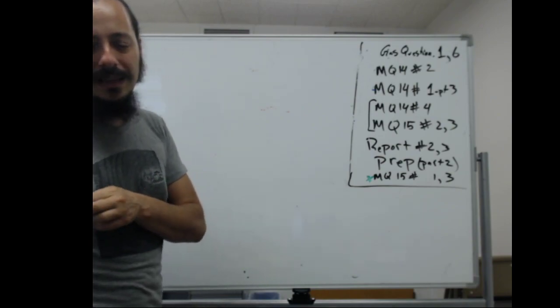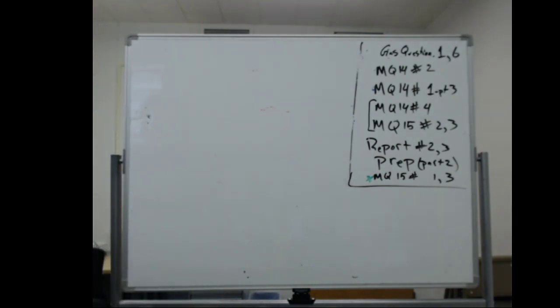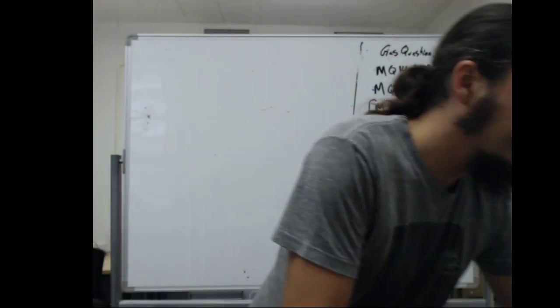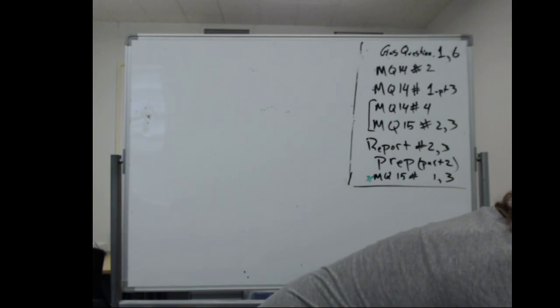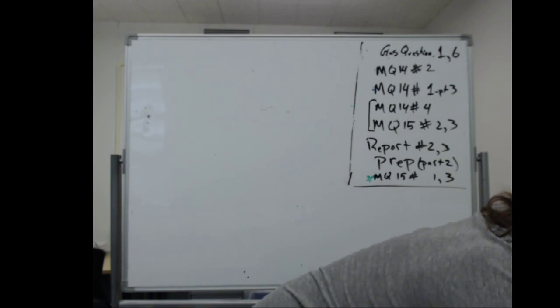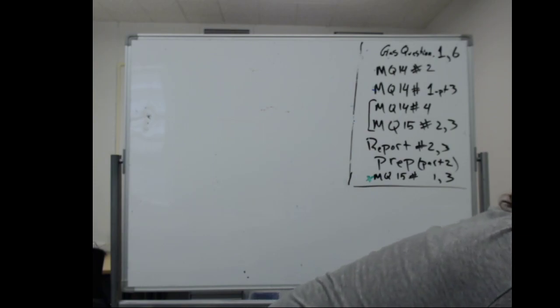Oh, so we got a split. Some people want 14.4, some people want 15.3. I'll start with 15.3 and then I'll go do 14.4 if we need to. And for 14, maybe we just need to look at the setup of that together. I was able to do all of MQ15, but I still can't get MQ14 number 4. Okay, well, maybe I should double check that one and make sure there's not a typo in it too.